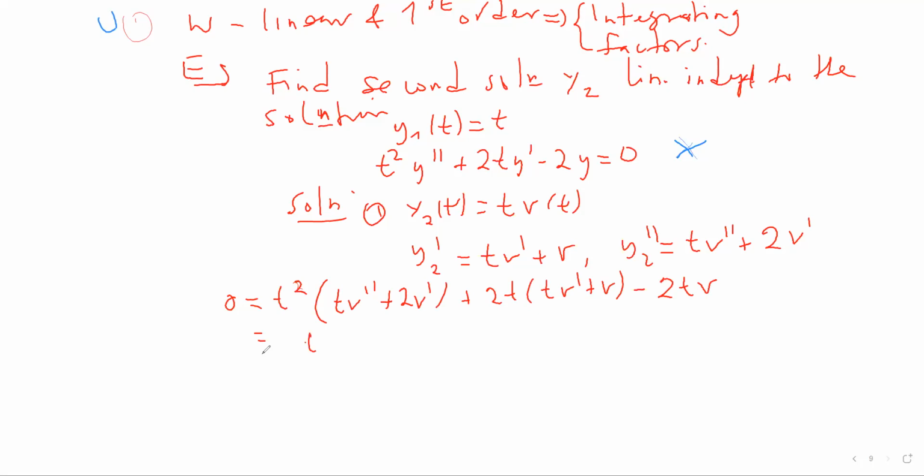Then we expand, so in the end we have something like t^3 v'' + 4t^2 v'. And this is nothing but v'' + (4/t) v' = 0.